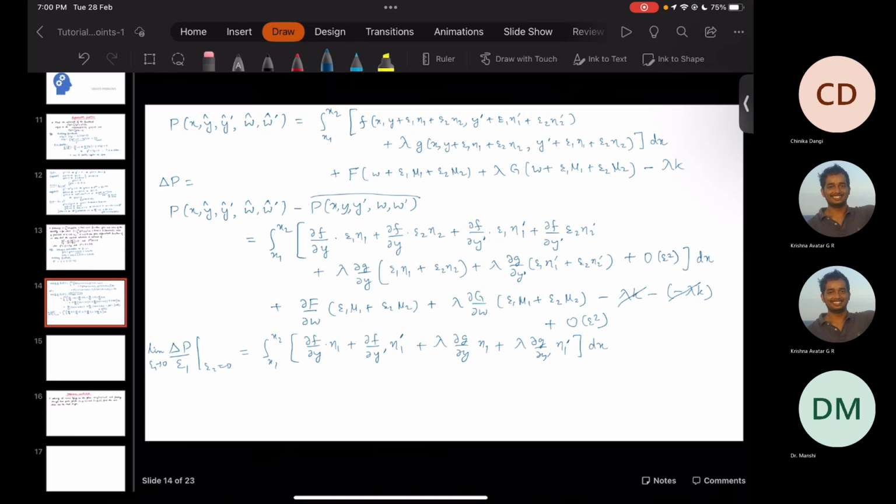And since the order epsilon square terms divided by epsilon 1, as epsilon 1 goes to 0, this term becomes 0, so we'll have just this term.